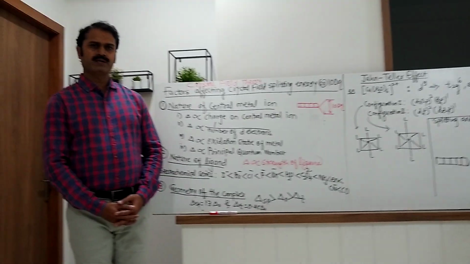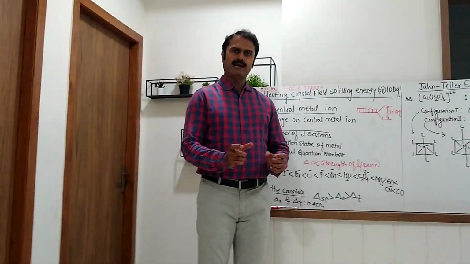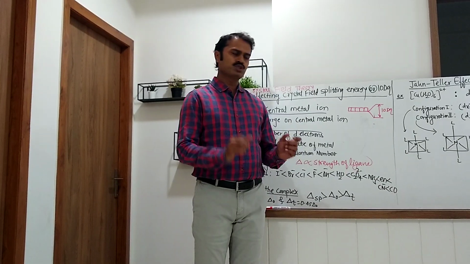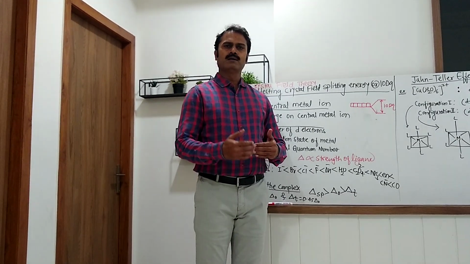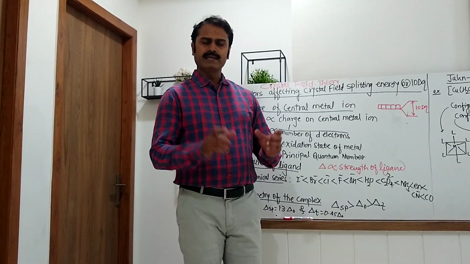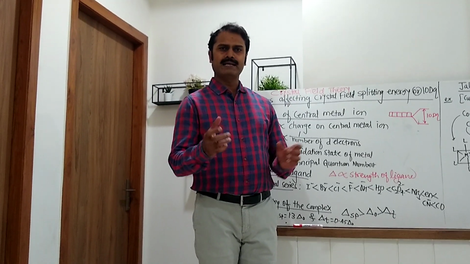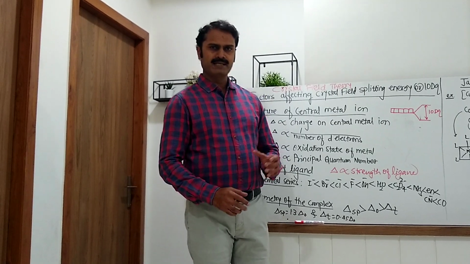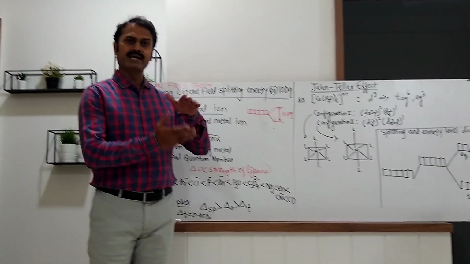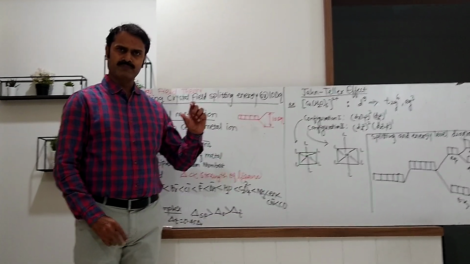We have discussed that when ligands approach the metal for the formation of complexes or coordination compounds, interaction of d electrons of the metal and ligand takes place, and because of that the d orbitals of the metal undergo splitting. Splitting or division of d orbitals takes place.